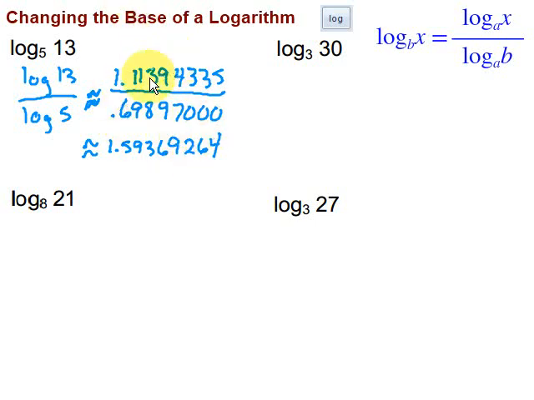Now let's just double check this quick and see if it makes sense, because remember, this means the log base 5 of 13 is 5 to what power gives me 13? Well, 5 squared would be 25, and 5 to the first would be 5, so this is somewhere between 1 and 2, and my answer of 1.59369264, that's between there. So that makes sense.